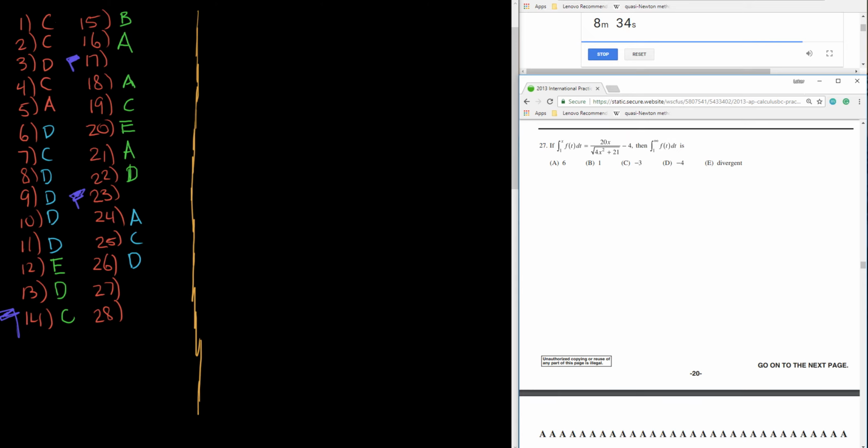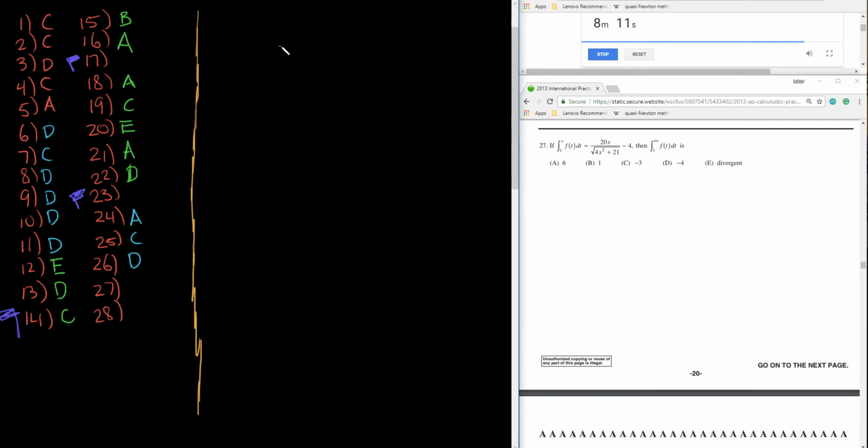All right. If the integral from 1 to x of f of t equals blah minus 4, then the integral from 1 to infinity of f of t dt is. Okay, so basically it's asking as the limit approaches infinity for this value. The answer is going to be 1b, but I just want to show you.